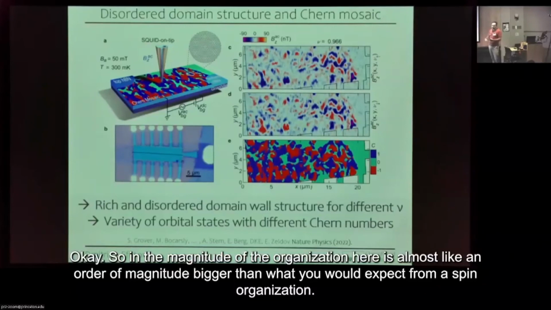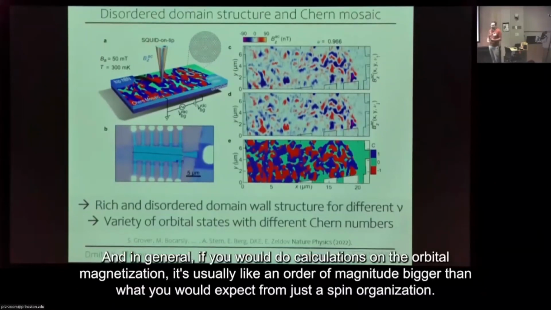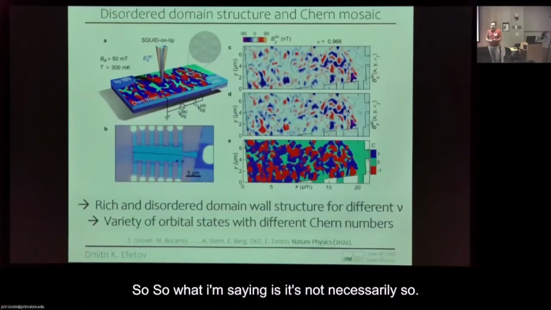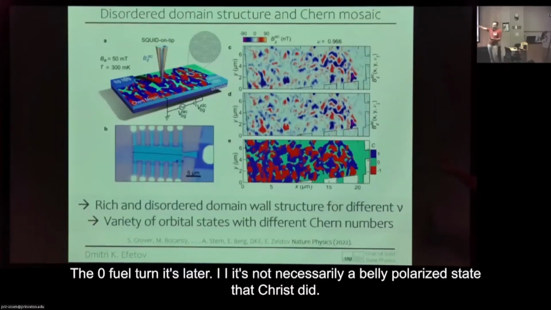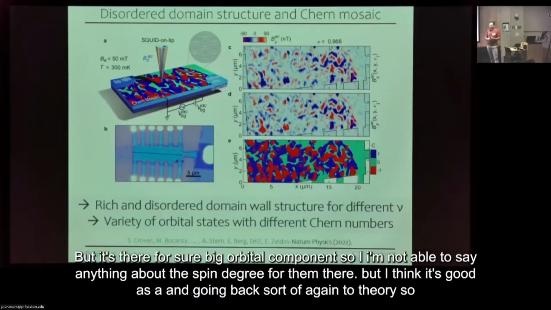In general, calculations of orbital magnetization give something an order of magnitude bigger than what you would expect from just spin. So the zero field Chern insulator is not necessarily a valley polarized state, but there is for sure a big orbital component to it. I can't say anything about the spin degree of freedom there, but it's clear that it has a large orbital component.